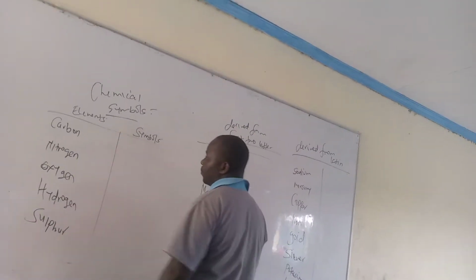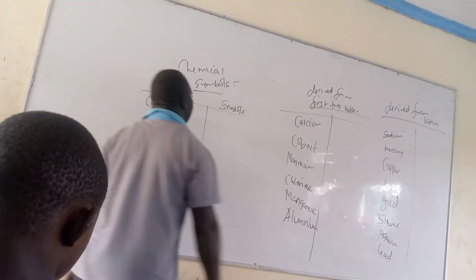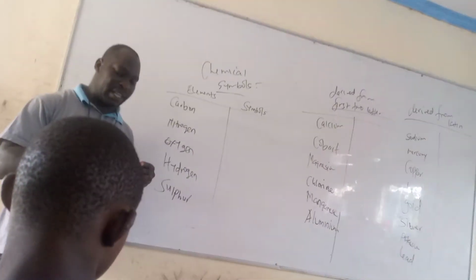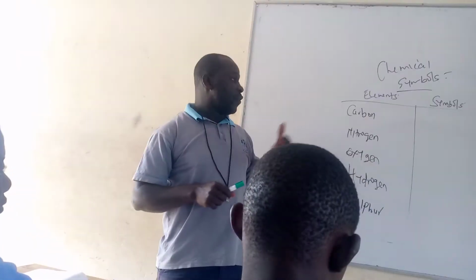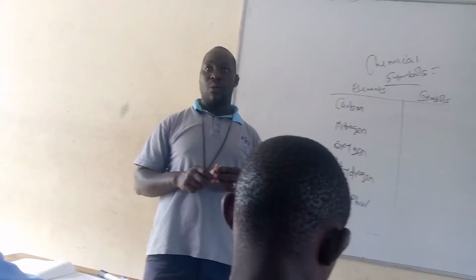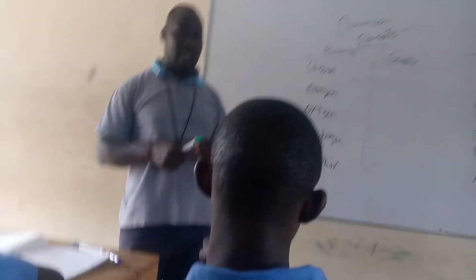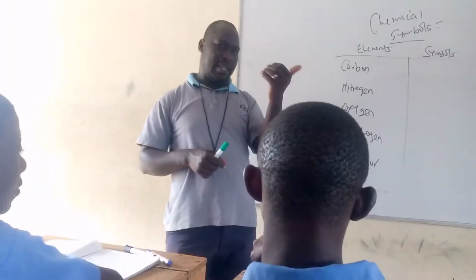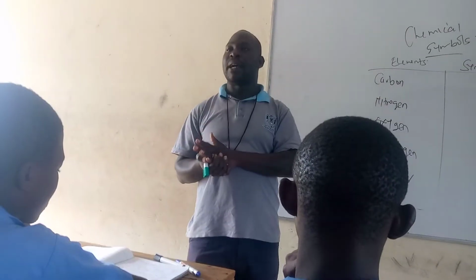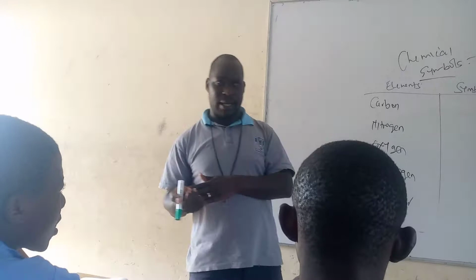Now let us begin with the elements whose chemical symbol we derive from the first letter, carbon. And we said if we are deriving from the first letter, it must be a capital letter.